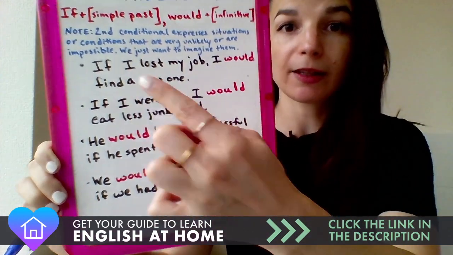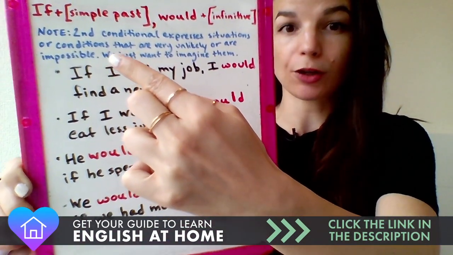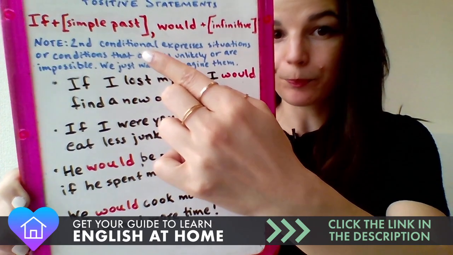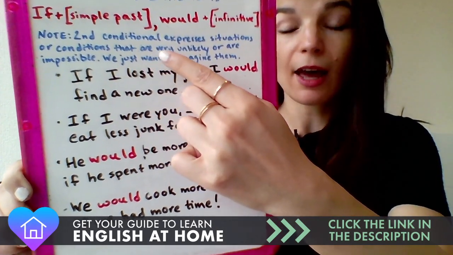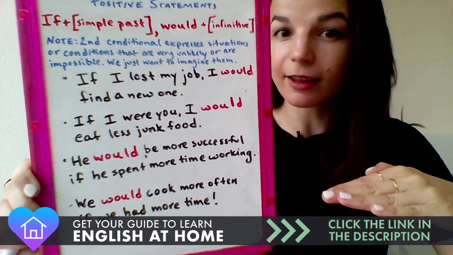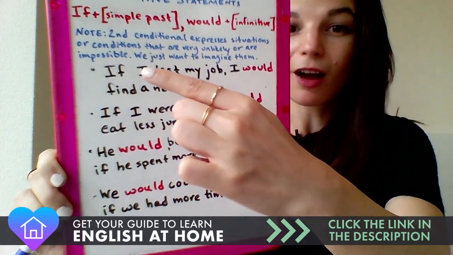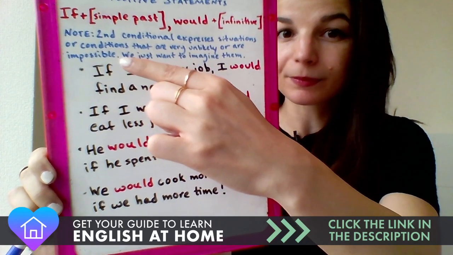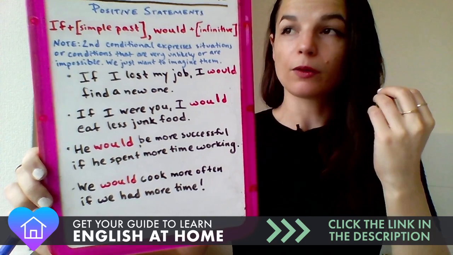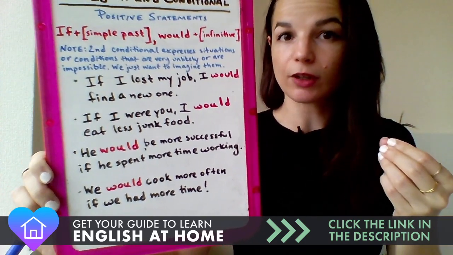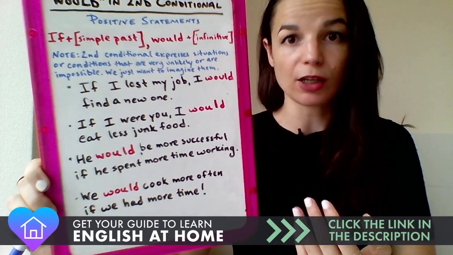A reminder, this note here in blue is a reminder. Second conditional expresses situations or conditions that are very unlikely or are impossible. So we just want to imagine a situation. So this is one of the key differences with other types of conditionals.